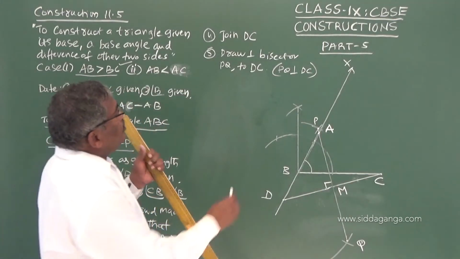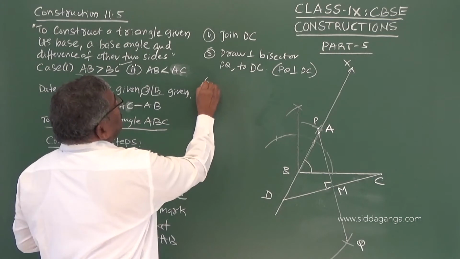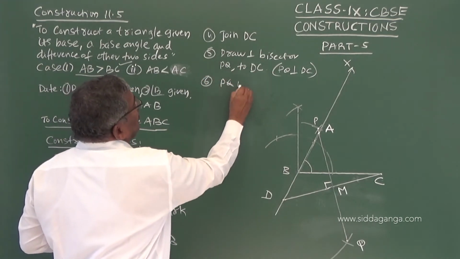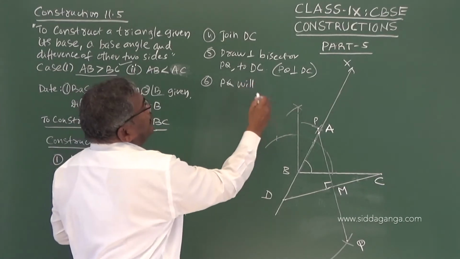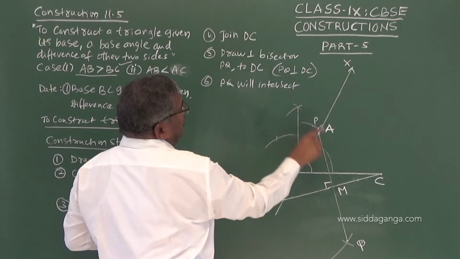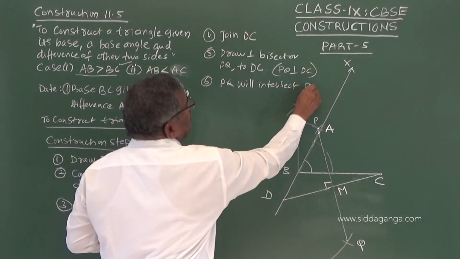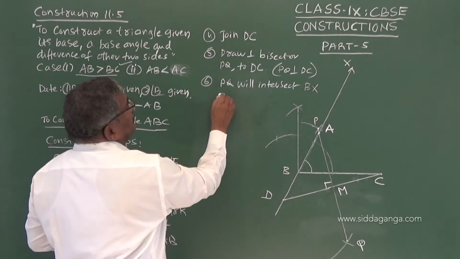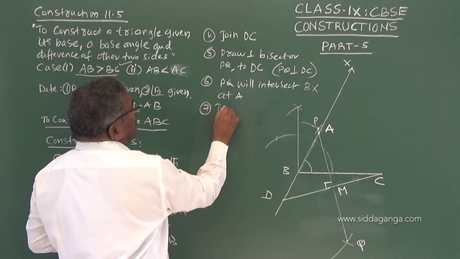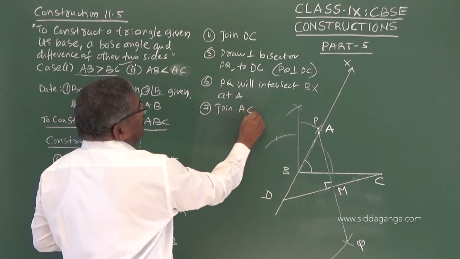So now join AC. Sixth, PQ will intersect BX at A. Seventh, join AC.